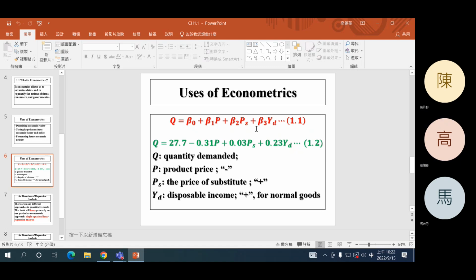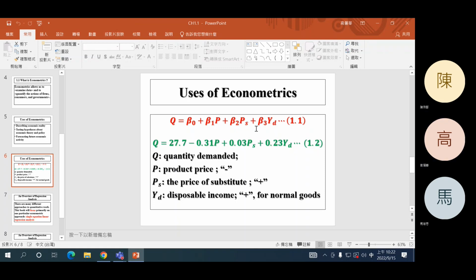If some other cell phone, maybe any Android cell phone, if its price goes up, that means I would want to buy the iPhone, right?